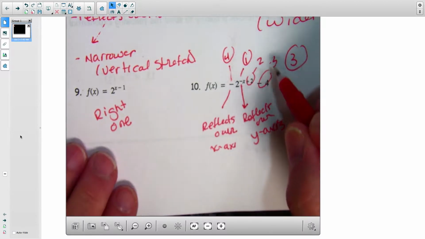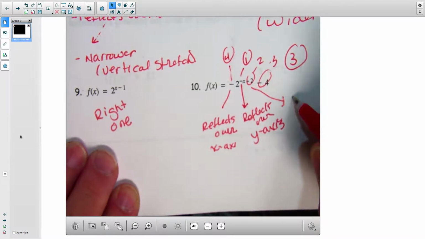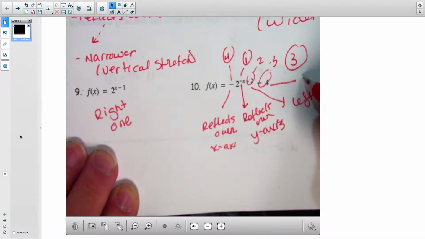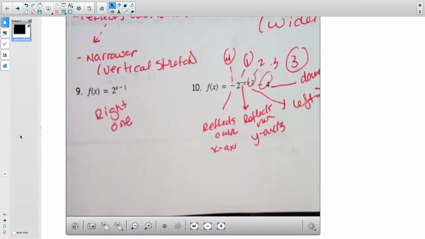What does the plus 2 do? Left 2. And the negative 4? Down 4. Questions there?